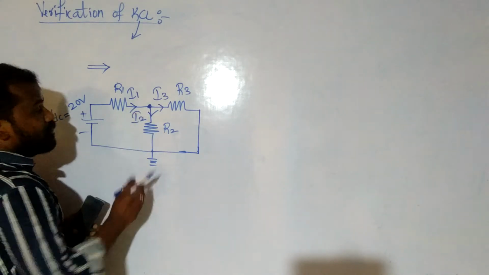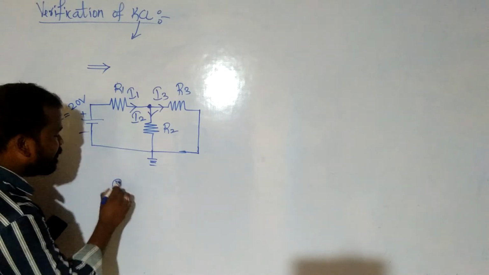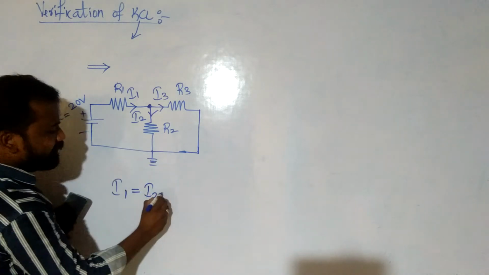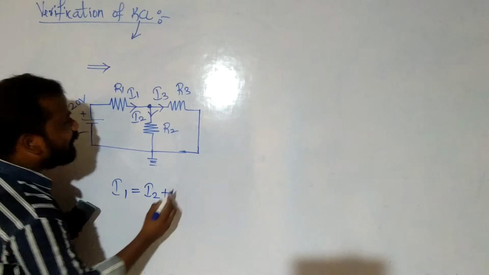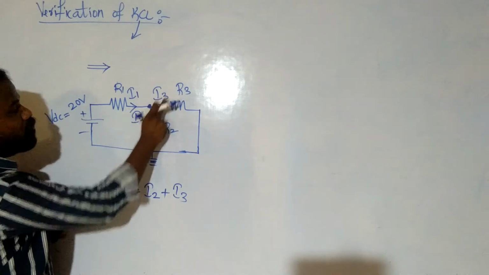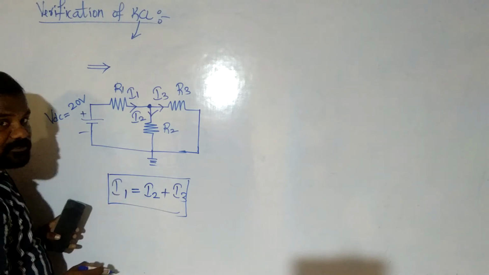As per the definition of Kirchhoff's current law, the sum of incoming current must be equal to the sum of outgoing current at any junction point. From this diagram you can observe that I1 is the incoming current to this junction point, which is equal to the sum of outgoing currents: the current flowing through R2, which is I2, plus the current flowing through R3, which is I3. Just see here, I1 is entering the junction, but I2 and I3 are both leaving the junction. So the sum of incoming current must be equal to the sum of outgoing current at any junction point, which is called Kirchhoff's current law.